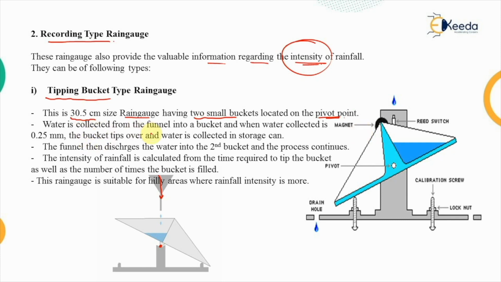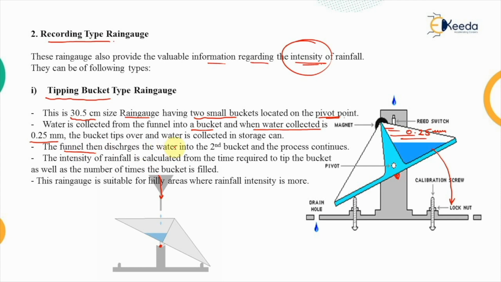So the water is getting collected from the funnel into a bucket, and when the water collected is 0.25 millimeter, that means when it is completely filled, then the weight of this bucket makes it tip over this pivot point, and this water gets drained out, and the second bucket comes under the funnel, and now the water will be getting collected into the second bucket.